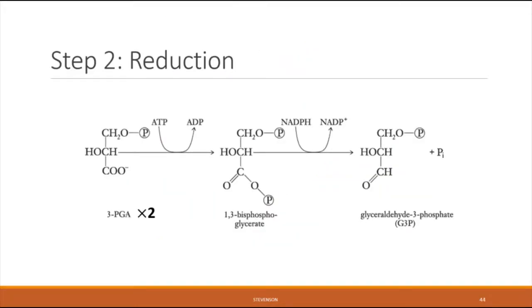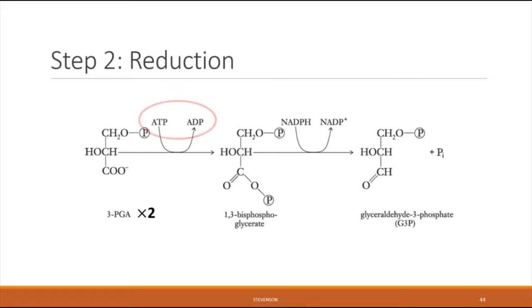Here's another look at what this reduction process looks like. So here is the 3-PGA molecule, and I wrote ×2 here because we want to make sure that we understand that for every carbon dioxide molecule that enters the cycle, there are actually 2 separate 3-PGA molecules that get produced, because after it is added to RuBP, the RuBP splits in half into the 3-PGAs. So from this point on, we're talking about everything happening twice.